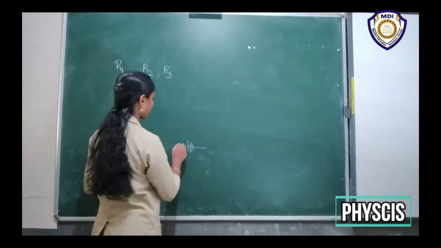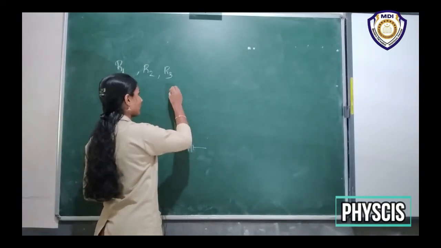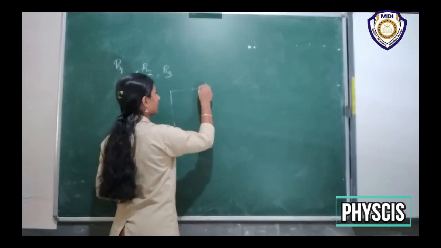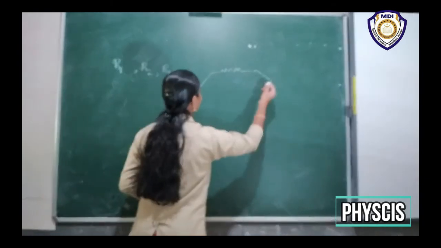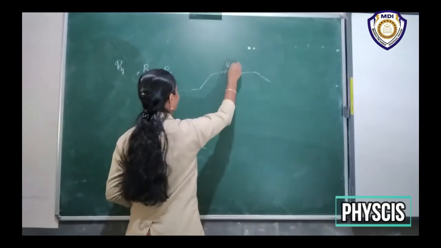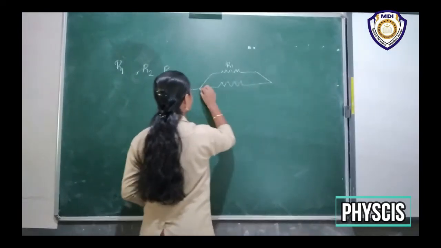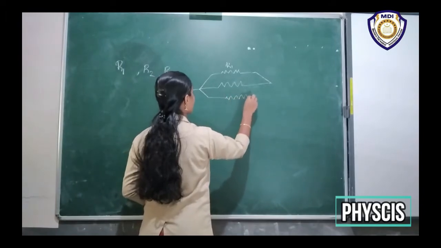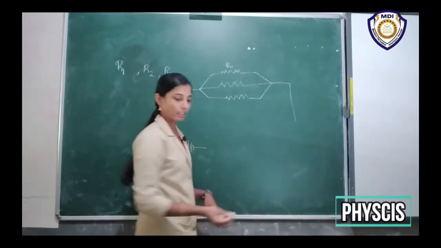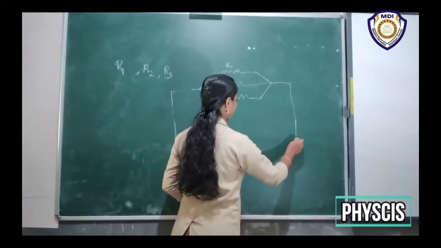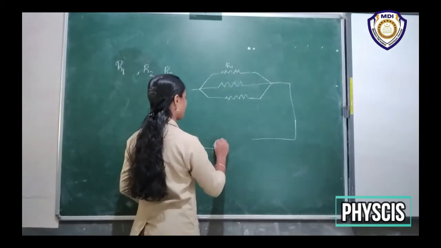It provides some voltage to the circuit. And we have three resistors which are connected in parallel. This is R1, and here we have R2, and another, R3.